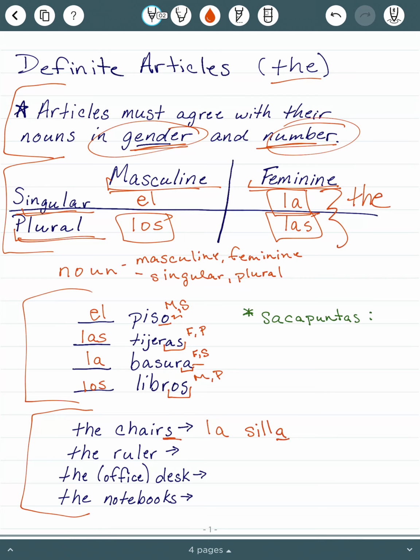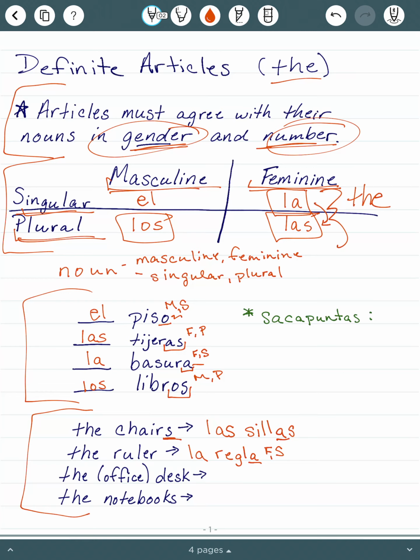So we need to work on our noun here, silla, ends in a vowel, so we add an S to make it plural. And we also need to change that la to las to make it plural. The next one, the ruler. Ruler in Spanish is regla. It ends in an A, so it's feminine. There's no S, so it's singular. So feminine and singular will be la regla.